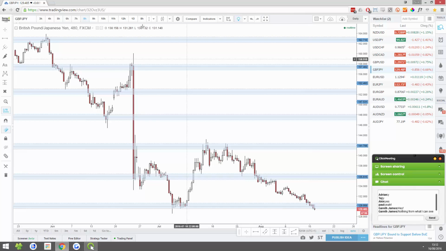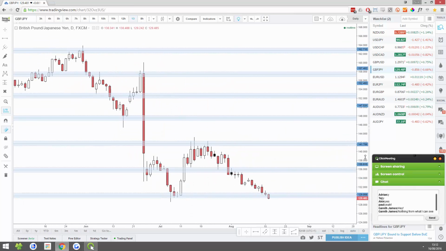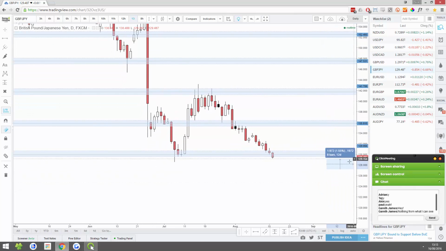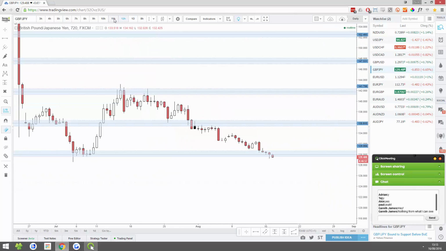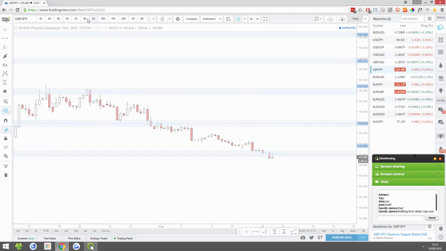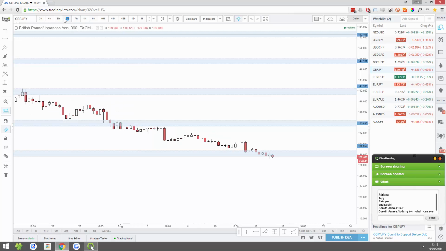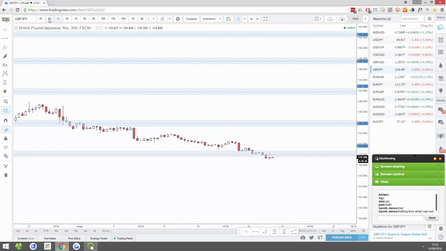Let's check out GBP JPY. GBP JPY is currently sitting on support and might be stalling. Yeah, it looks like it's stalling.